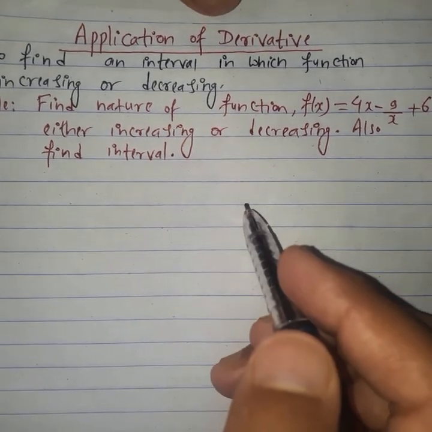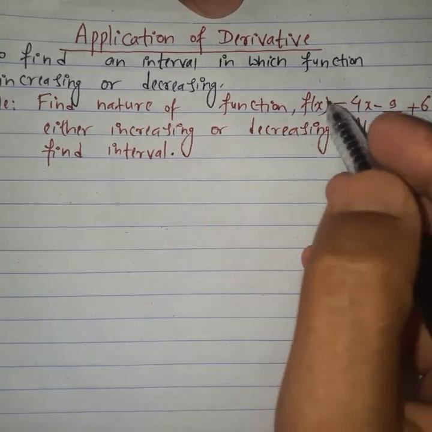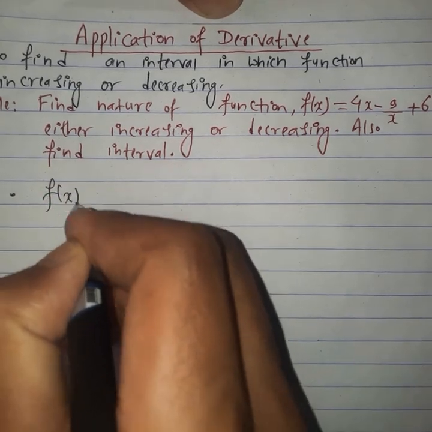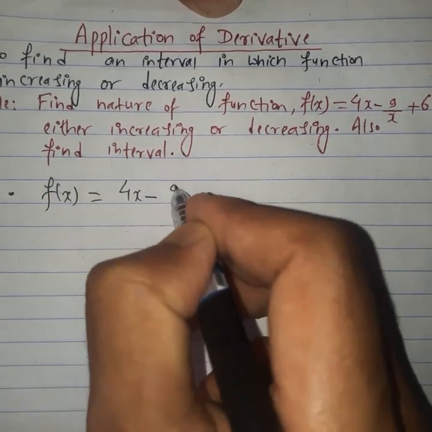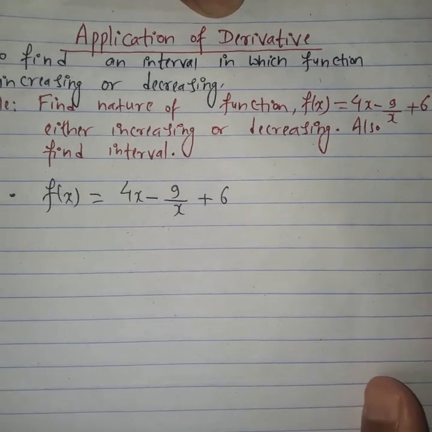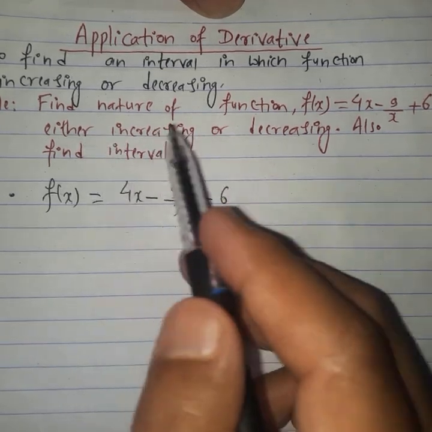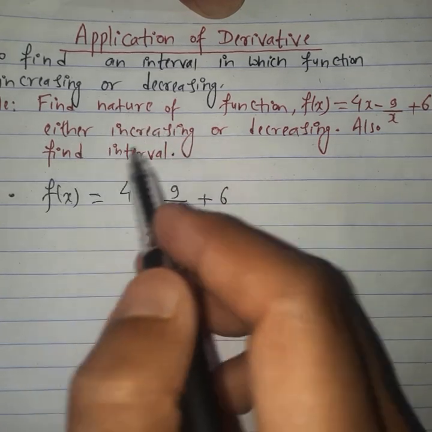Let's talk about this particular question first. Here I have taken a function f of x, which is defined as (4x minus 9) over (x plus 6). We are going to evaluate whether it is increasing or decreasing, and the corresponding interval also.